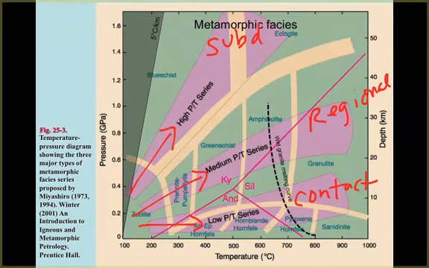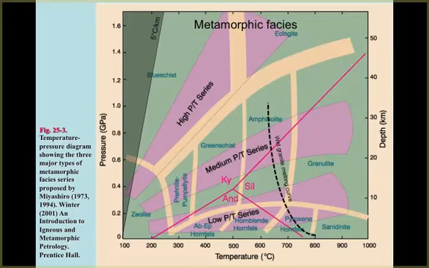So those purple fields are showing you what pressure temperature conditions are represented in those various kinds of metamorphism. I showed you also in the last couple of slides that subduction zones pass through blueschist and eclogite facies stability fields.